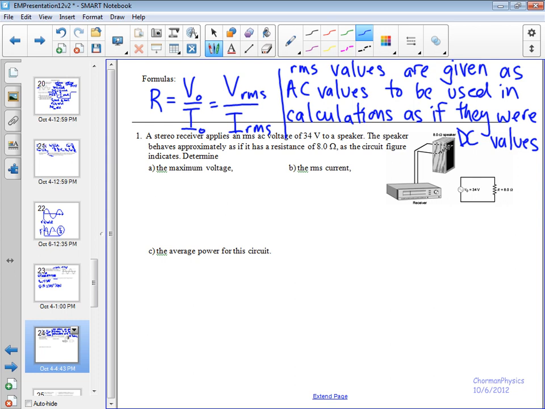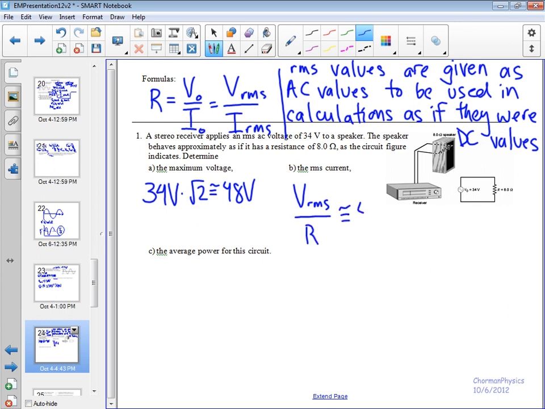So let's look at this example. Again, treating things as if they're DC values. We have a stereo receiver that applies an RMS AC voltage of 34 volts to a speaker. The speaker behaves approximately as if it had a resistance of 8 ohms. Okay, so calculate the maximum voltage. It should be 34 volts times the square root of 2, which is going to give us approximately 48 volts.